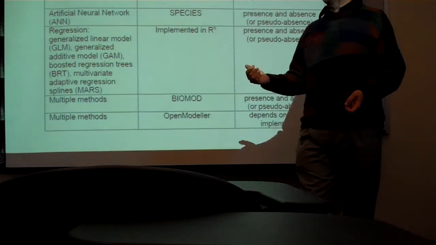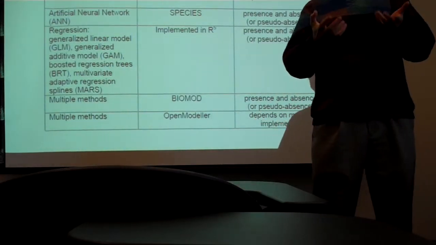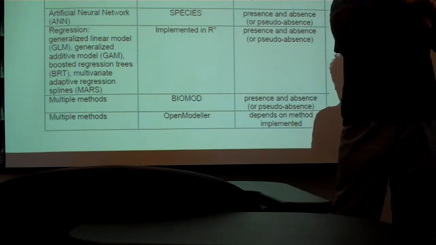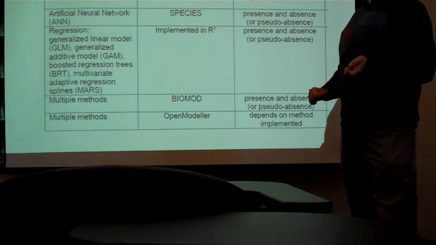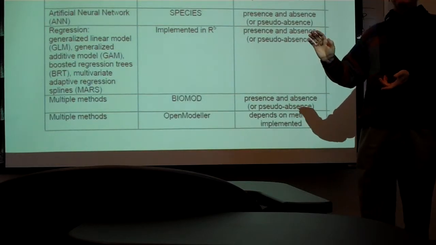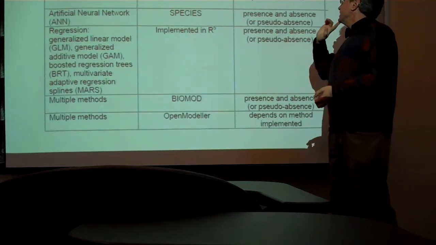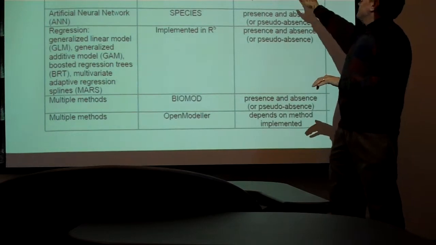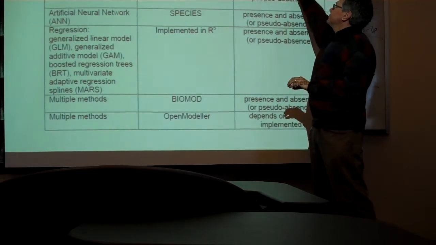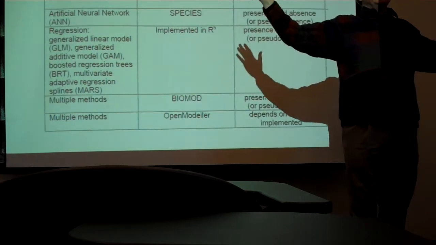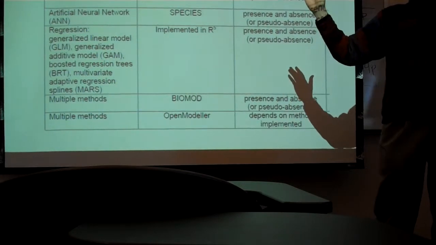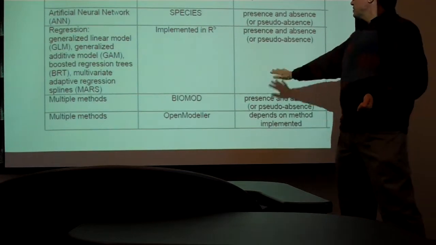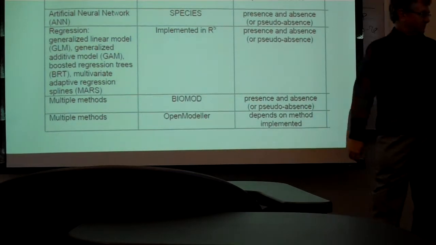There are others that require presences and absences, so we know that species are found in these places and are not found in those places. And there are others that look at the presences and the background, which is the whole field of the environmental space, regardless of whether the species is there or not. So we'll talk about those distinctions.